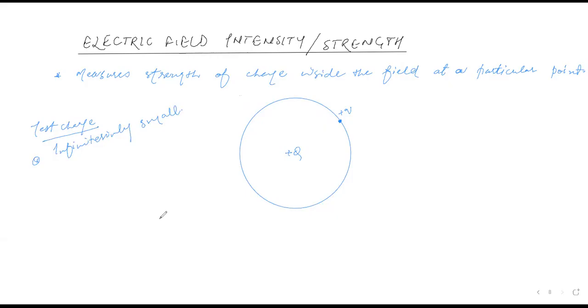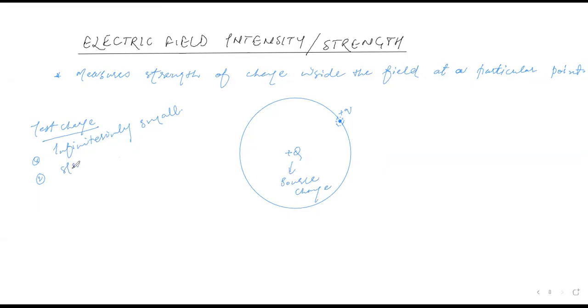I mean the size of the test charge is very small. The field created by this test charge is negligible as compared to the capital Q charge. Are you clear?